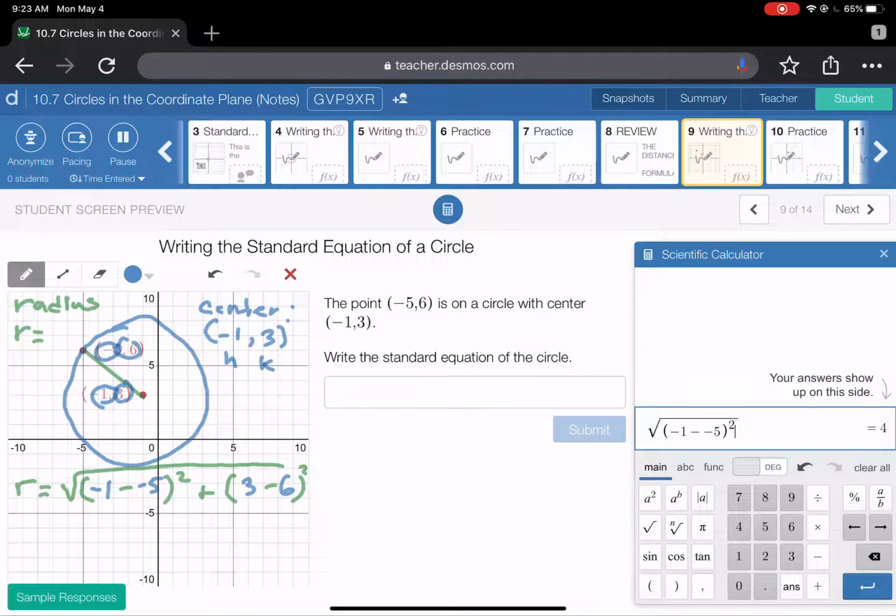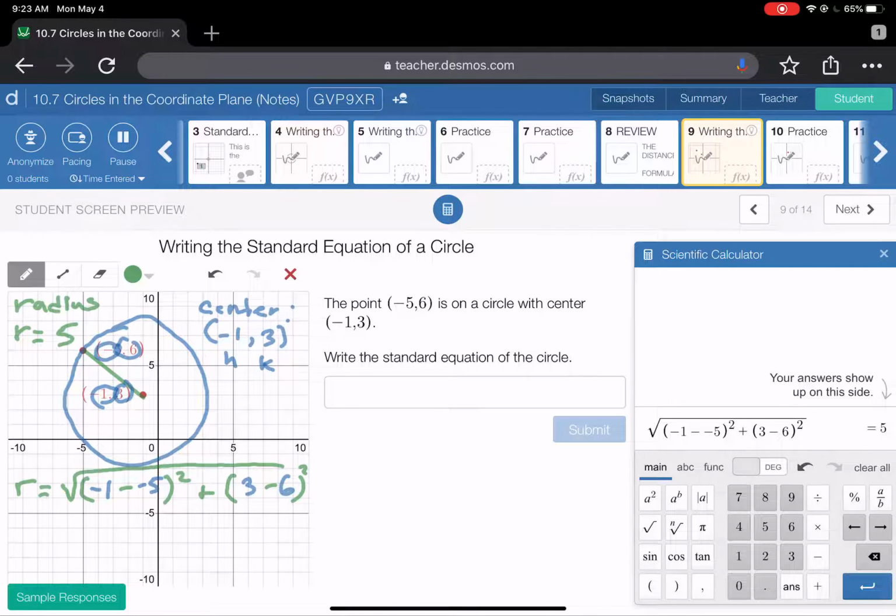You can type it in as +5, but I'm just going to leave it like that. Plus 3 minus 6, squared. Okay, so then that's the equation. So I get the answer as 5. So my distance, my r, my radius is 5.